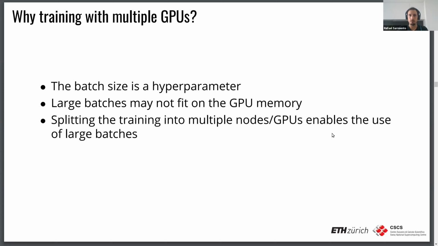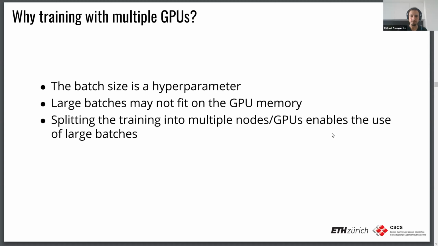Then what you can do is split the training into multiple nodes. Let's say batch size 64 fits on the GPU, but when you move to 128, you get an out of memory error. So you select 2 GPUs and put 64 on one GPU and 64 on the other. We're going to learn now how the training happens like that.